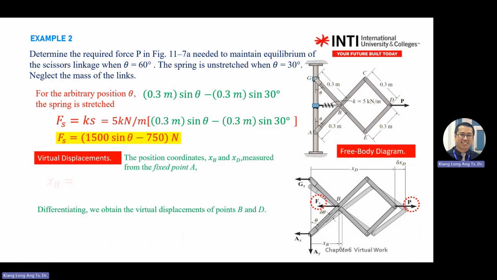So xb in this case is this triangle, a right triangle. From here to here is 0.3. xb is here, so it's sine theta. xd is here to here.